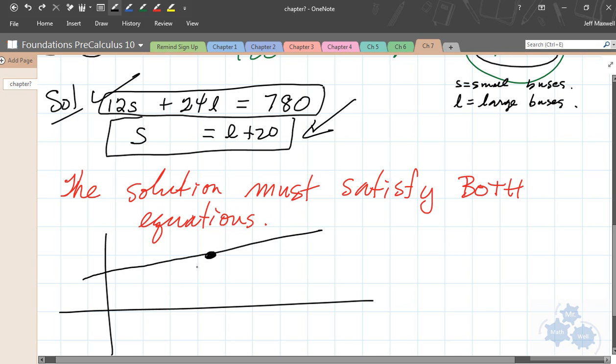So the graph would look something like this, where the solution to the problem would also be, what do you call this point? The two lines intersect. That's right. So the solution to a system of linear equations on the graph, when you graph the two lines, is the intersection point.